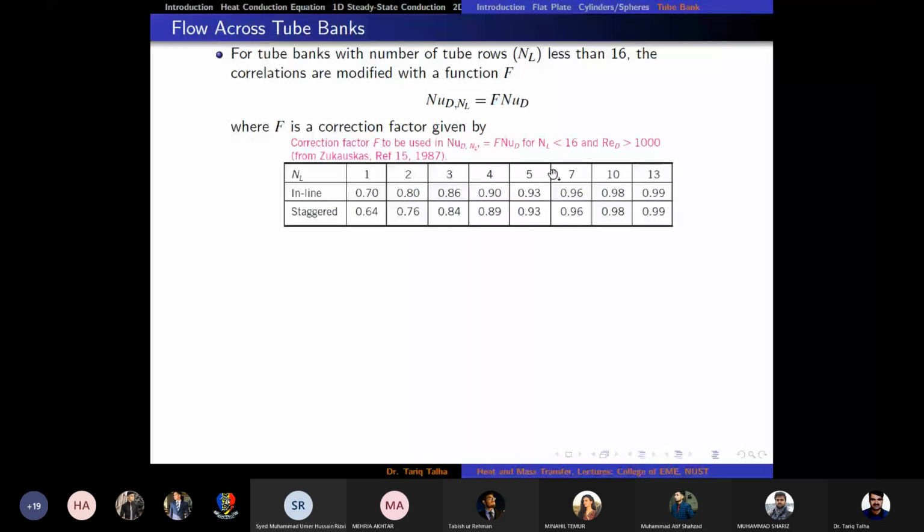But if we want to determine at 8 or 9, then of course we need interpolation, right? So this is the correction factor which we need to apply if the number of rows is less than 16, right? Now let me take you back to the whiteboard.